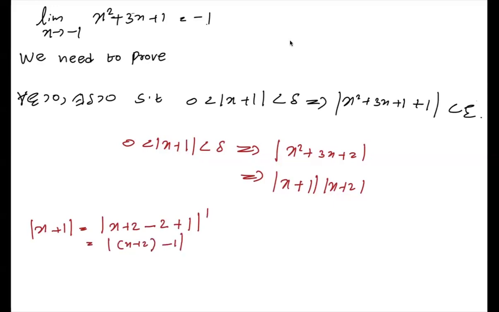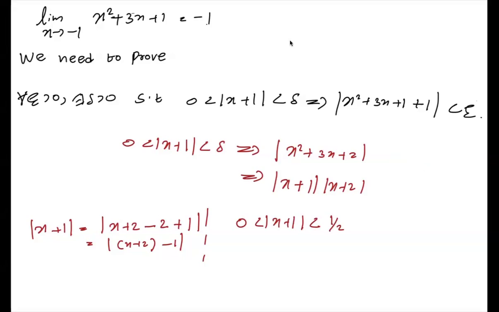Now, if I take 0 less than the absolute value of x plus 1 less than, because it is 1, I need to put something like, I would say, half. I can still put 1, because I just need some positive number, but to avoid confusion I use some positive number less than 1.